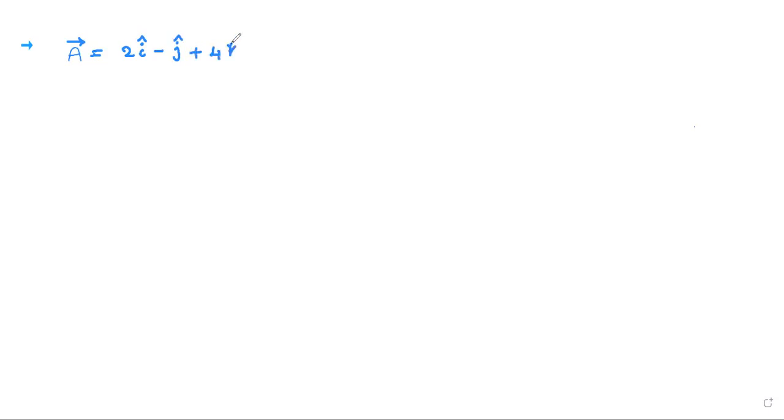This is one vector. And b bar we are taking as i cap plus j cap. Today I am changing the numerical, plus 2k cap.